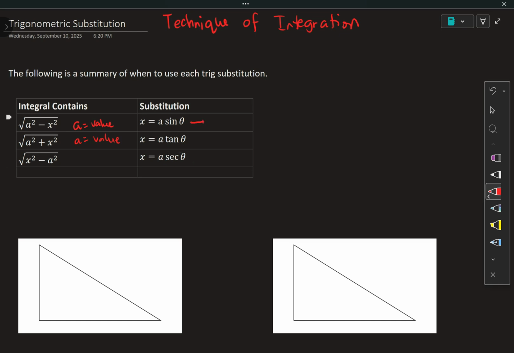Now, if we are going to find the value of sine theta, we know that sine theta is equal to x over a.